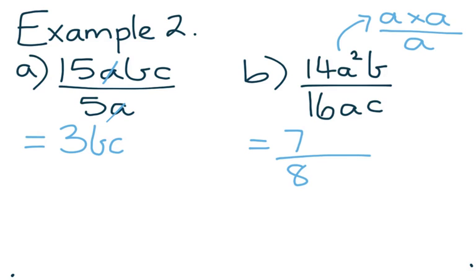Now if we've got something on the top and something on the bottom, we can just cancel them out, which means we're just left with an a on the top, and we can't do anything with the b, so we just leave the b on the top. And again, the c is on the bottom with nothing to cancel with, so we just leave the c where it is.